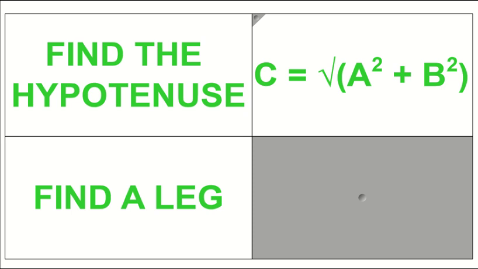So if we go back to that 3, 4, 5 triangle, what we're doing is we're taking squared.